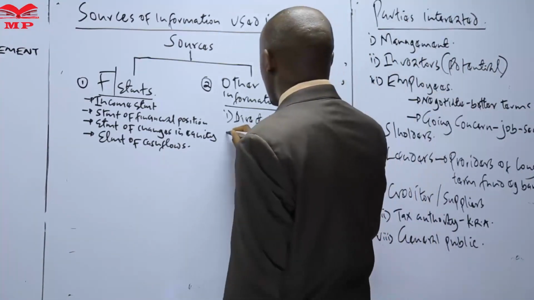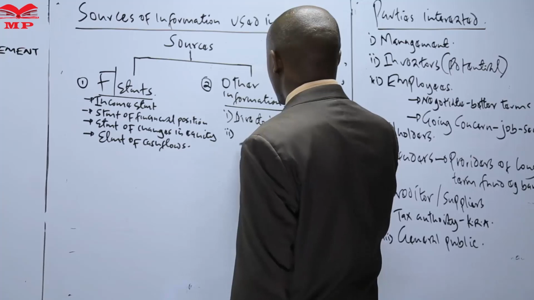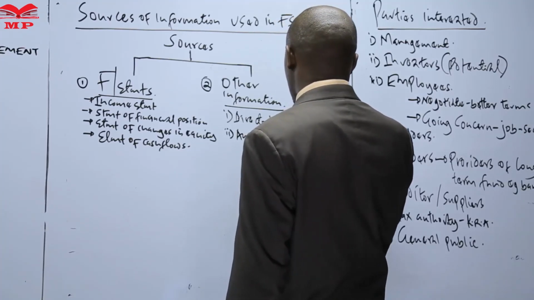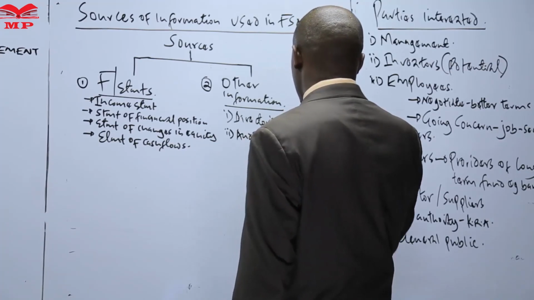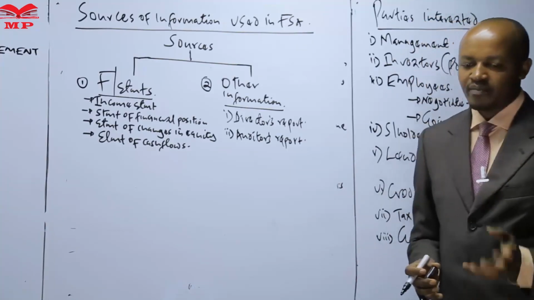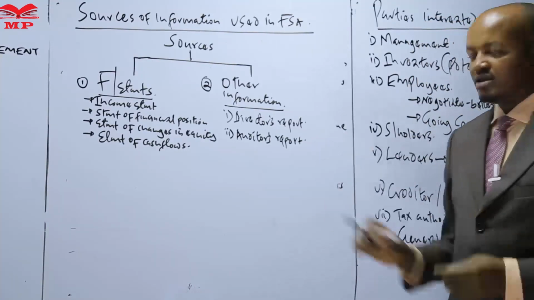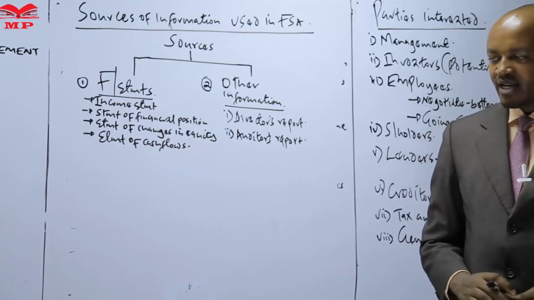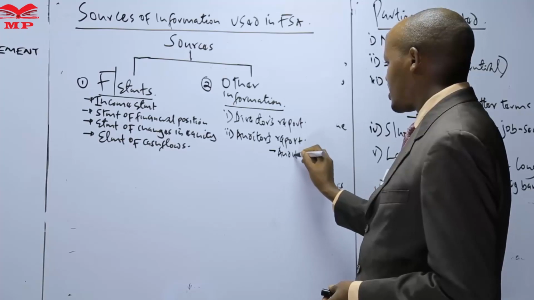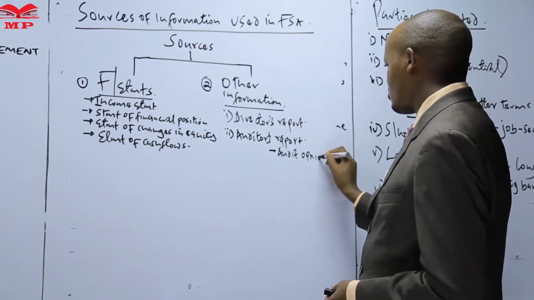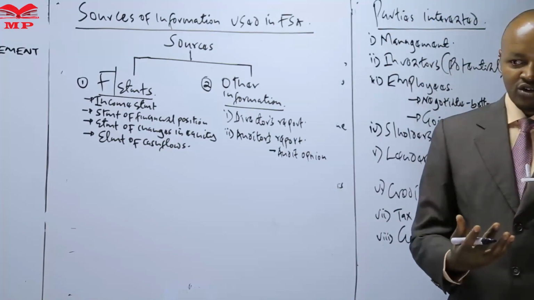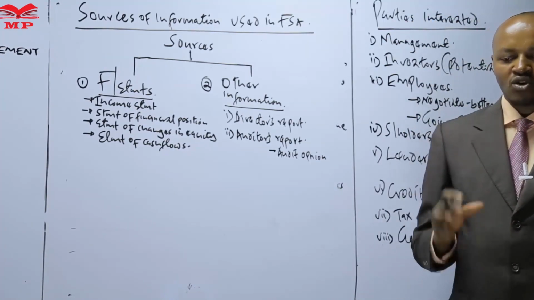Now, the other information will also include what we refer to as the auditor's report. This is a report compiled by the auditor of the company once he has audited those financial statements. In this report, the auditor will give something known as an audit opinion, of which an auditor can either give a qualified opinion or a clean opinion.